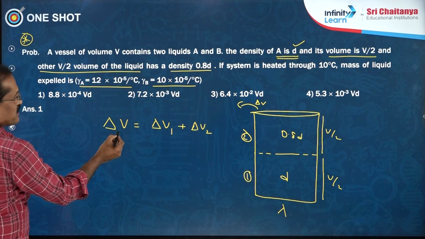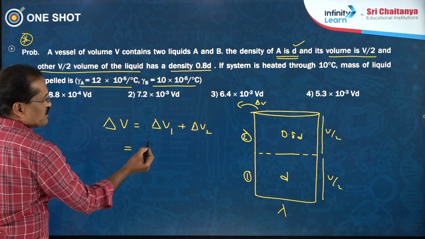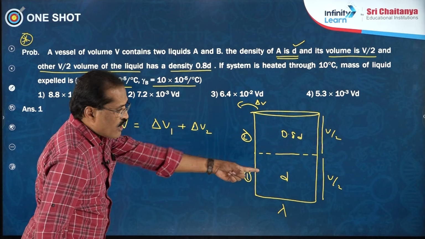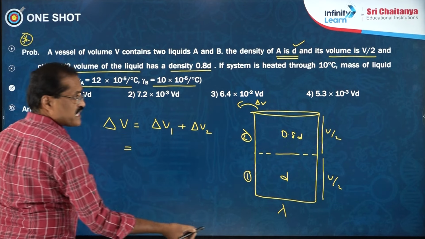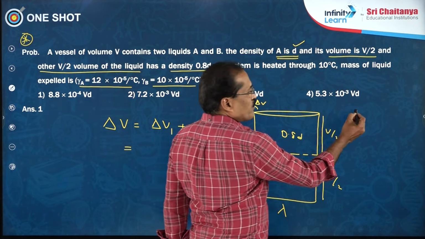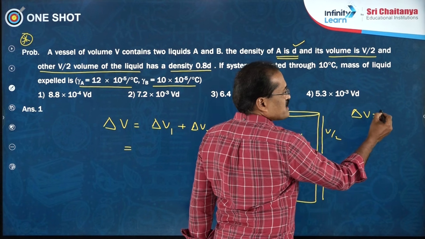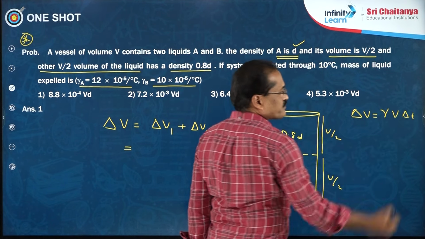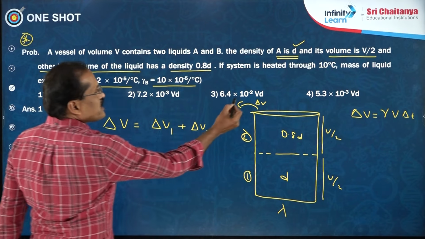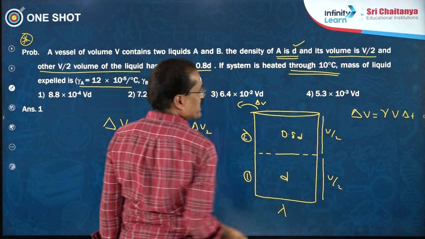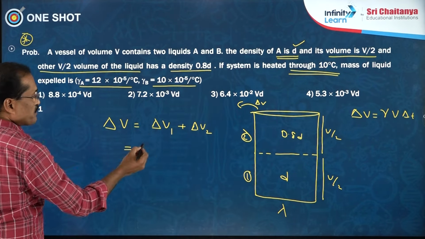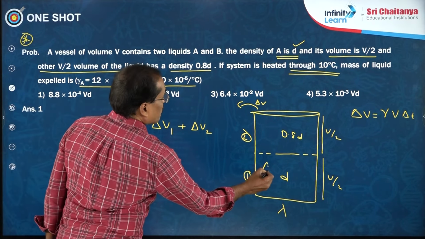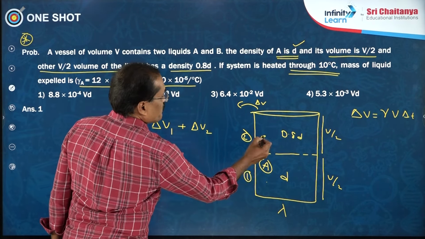So, for that you want to find the total volume expansion. Delta V1 is the volume expansion of this liquid. And how do we find the volume expansion of this liquid? I gave you the formula: volume expansion of anything is equal to gamma into its volume into delta T. Here the temperature is increased by how much? 10 degrees. Now, children, first I am taking gamma 1, for which liquid? This is liquid A, and there is liquid B here.